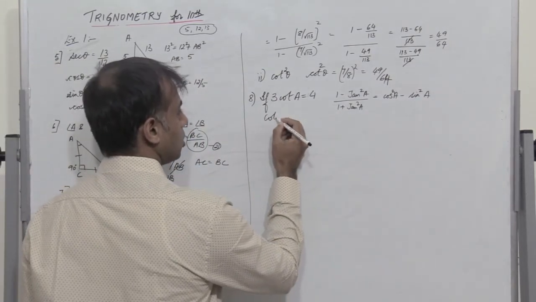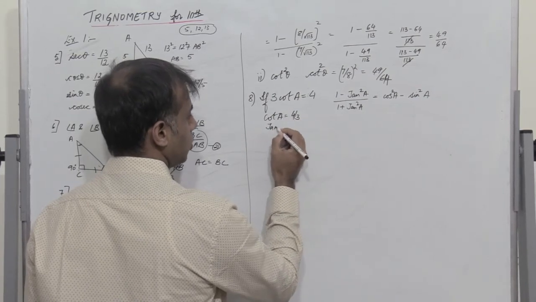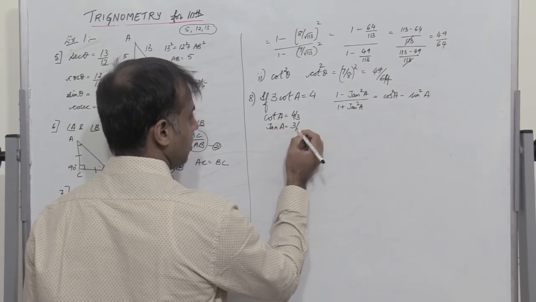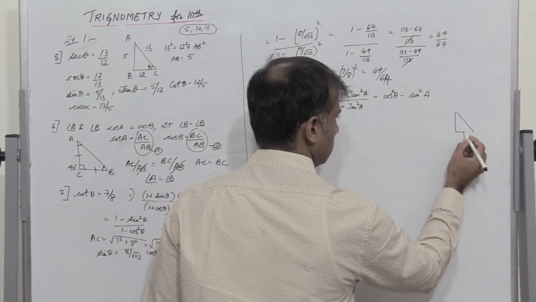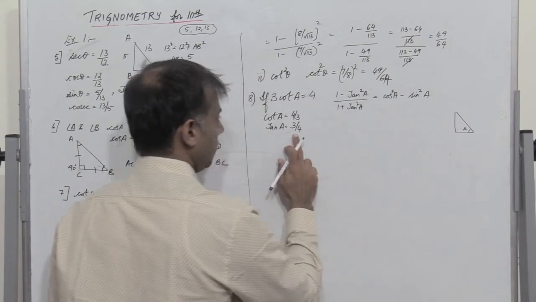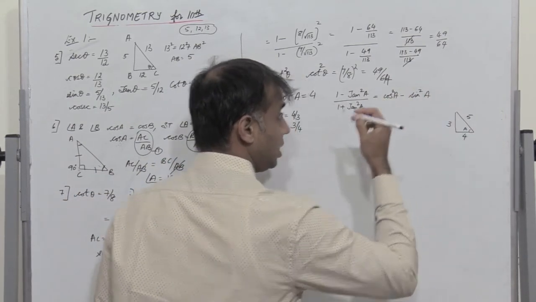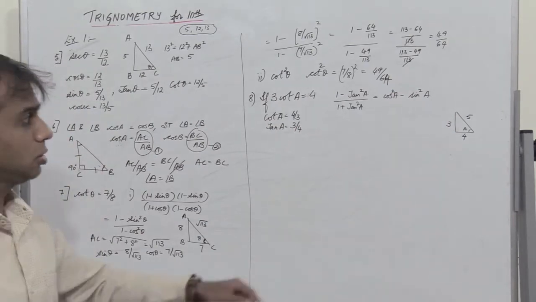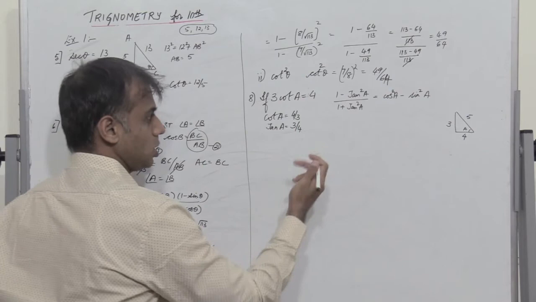So definitely cot A equals 4 by 3, or tan A, which is the inverse, equals 3 by 4. If I represent this by a right angle triangle, and if this is A, the opposite side is 3, adjacent side is 4, and this definitely is 5. I've already told you that 3, 4, 5 is a Pythagorean triplet. You can check for yourself.